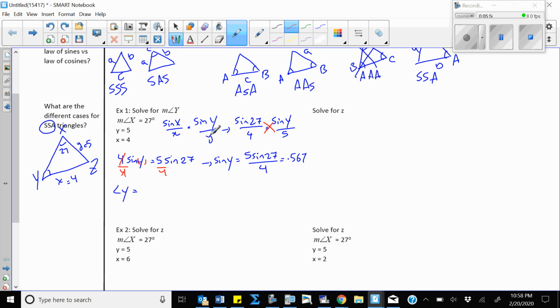If you remember, we said to find a Y which is stuck in a function of sine, you need to take the inverse of both sides, like sine inverse of both sides.